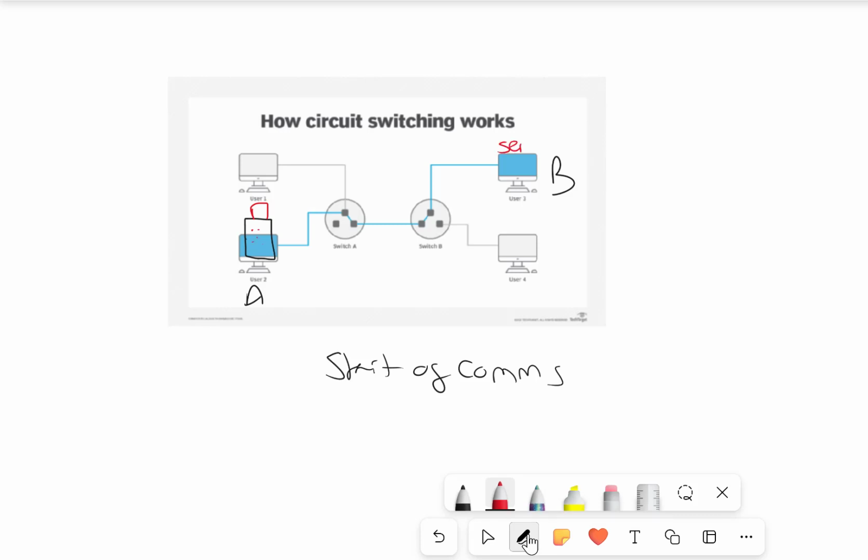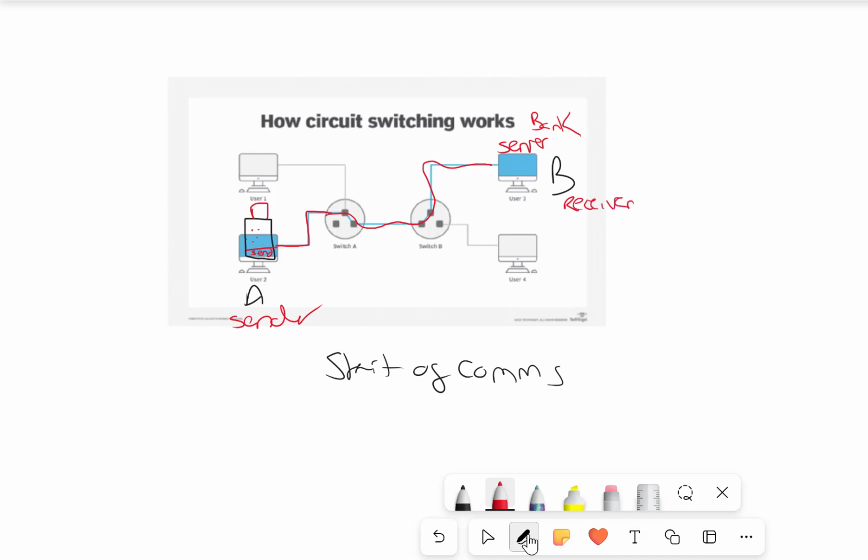This is a server for a bank. The cashier types or clicks on send. A circuit is created between these two different devices, between the sender and the receiver.